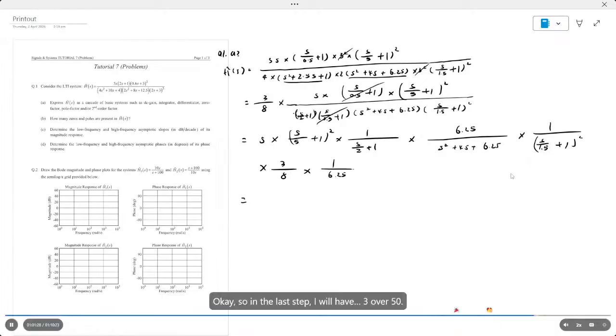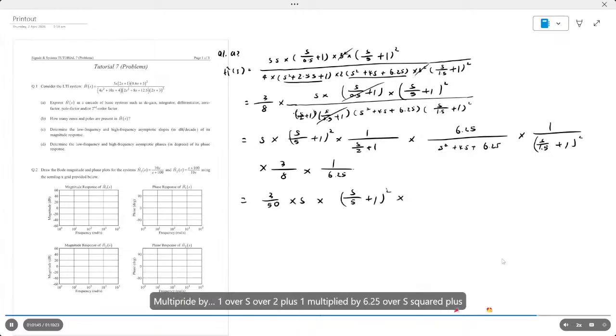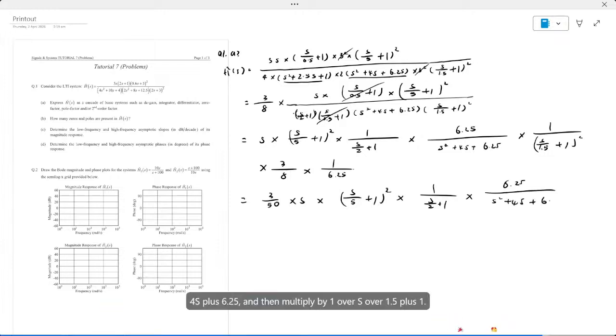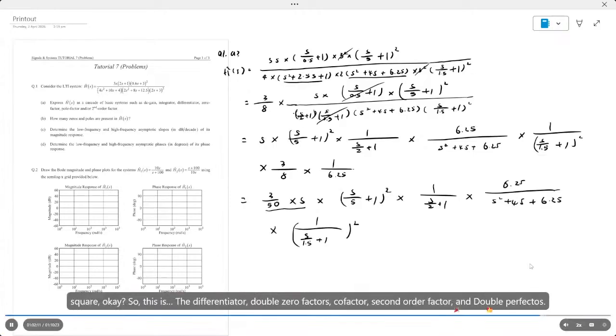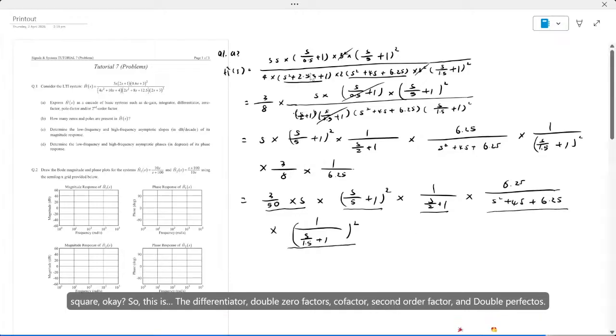Okay, so in the last step, I will have 3 over 50 multiplied by s over 5 plus 1 square multiplied by 1 over s over 2 plus 1 multiplied by 6.25 over s squared plus 4s plus 6.25, and then multiplied by 1 over s over 1.5 plus 1 squared. Okay, so this is the differentiator, double zero factors, pole factor, second order factor, and double pole factors.